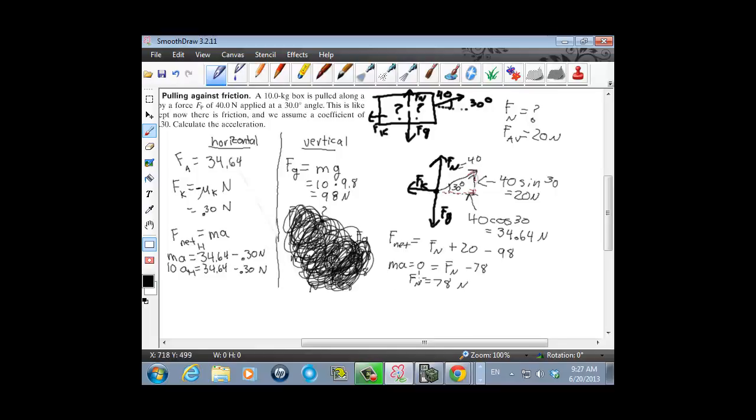Okay, so now that we know what this is, let's go back over here, and we have 10 times the horizontal acceleration equals 34.64 minus 0.3 times 78.